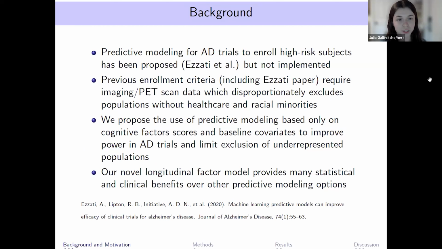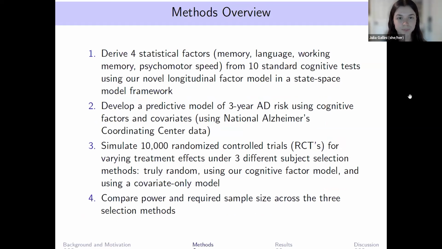And so we're proposing the use of predictive modeling based only on cognitive factor scores and baseline covariates to improve power in AD trials, while also hopefully limiting the exclusion of these underrepresented populations. And our novel longitudinal factor model provides many statistical and clinical benefits over other predictive modeling options to enroll high-risk participants into these trials. Next slide, please.